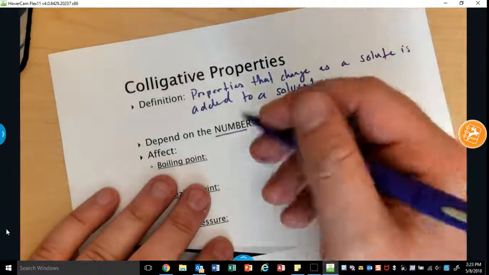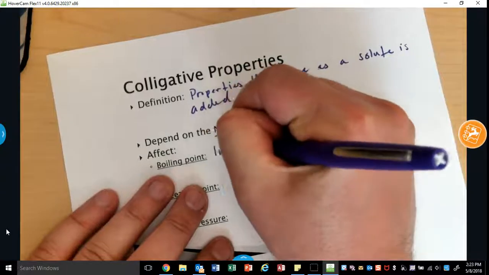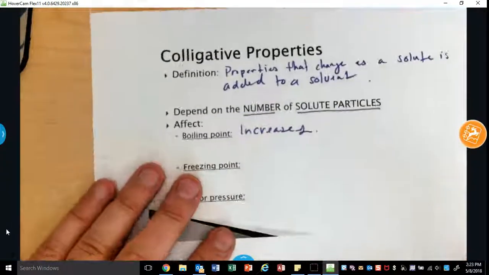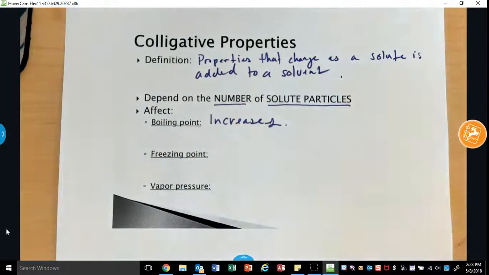If you add salt to water, you'll see that its boiling point increases. The reason has everything to do with intermolecular forces. Boiling is the separation of molecules, taking them from the liquid phase to the gas phase.